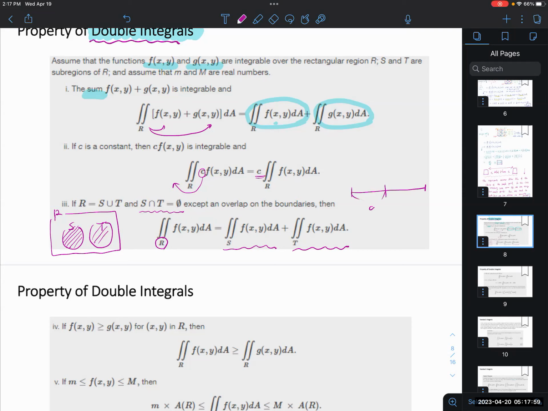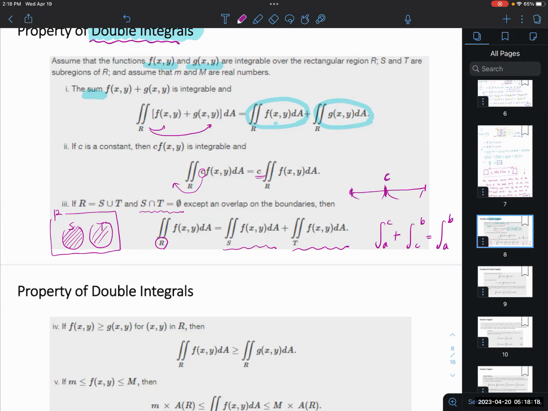If you remember the length, I have A to B, right? So the integral, if there's a middle point, let's say C, A to C plus C to B is the same as A to B. So I'm gonna just rewrite it.